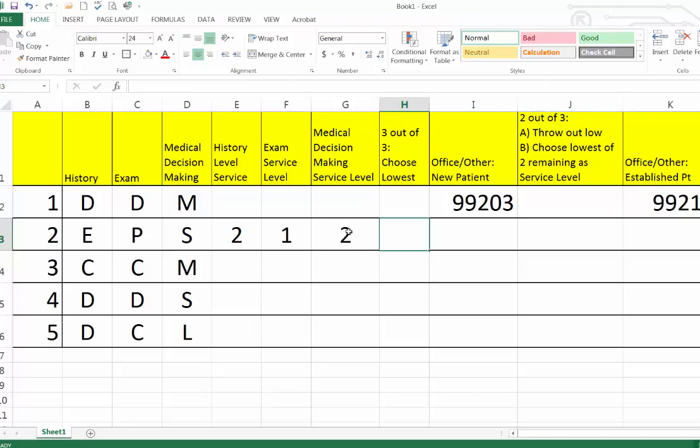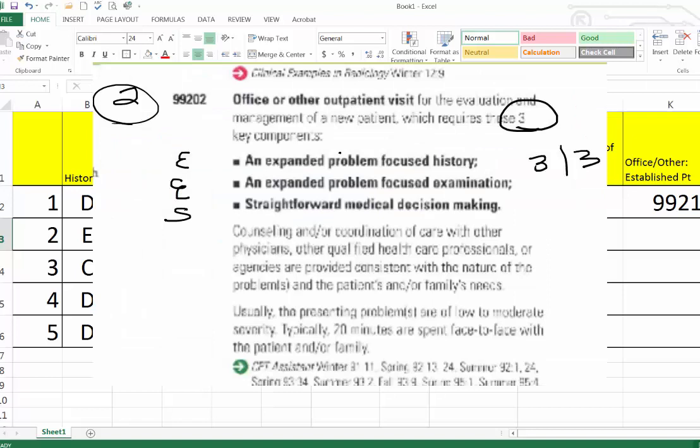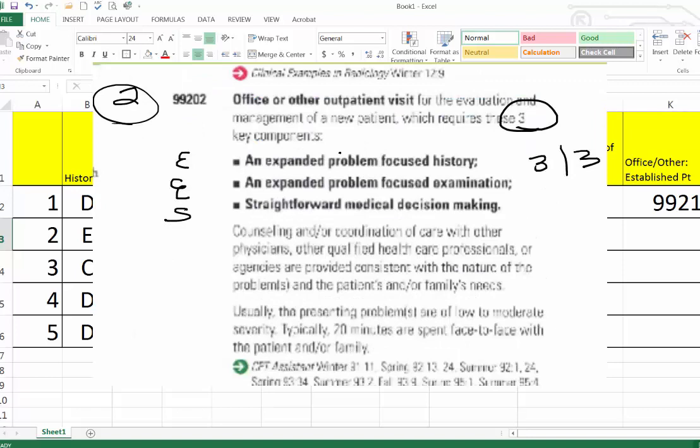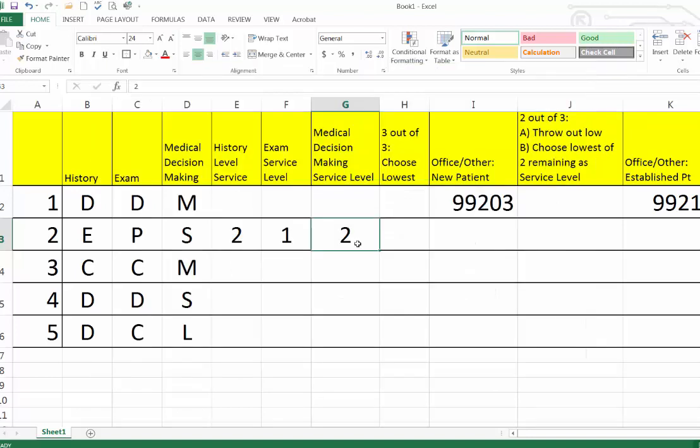So back to our problem. I have an E history, which is a service level 2, a problem-focused exam, which is a service level 1, and straightforward decision making, that's a service level 1 or 2, but I'm going to choose 2. So I have 2, 1, 2.